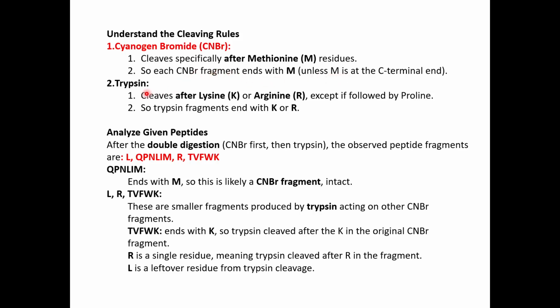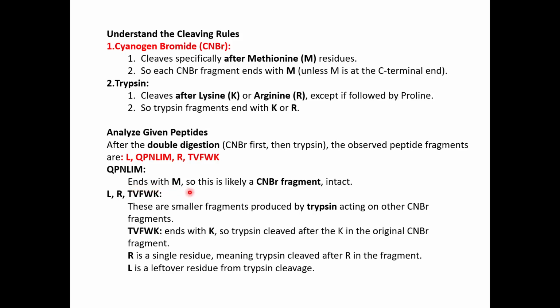Then we have trypsin. Trypsin cleaves at basic residues, that is lysine and arginine, except when it's followed by a proline. So the sequence that was given is this, and after the double digestion with cyanogen bromide first and then trypsin, the observed fragments were these amino acid sequences and L and R separately. Because they used trypsin, we have our lysine and arginine.